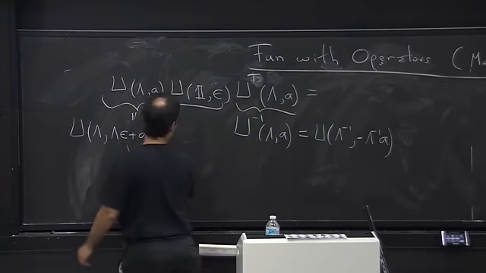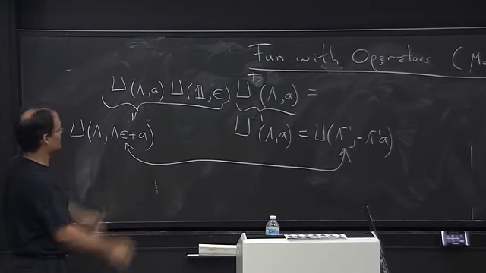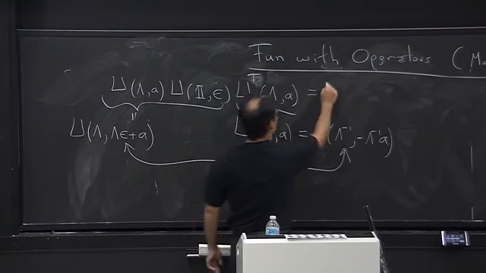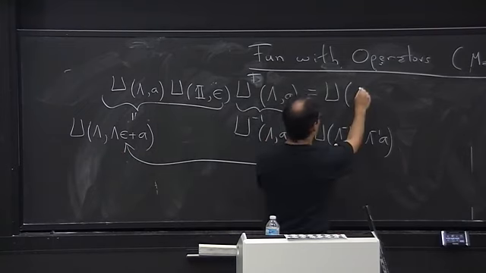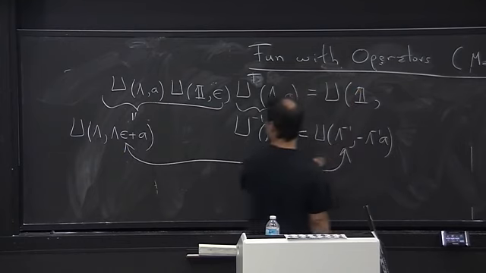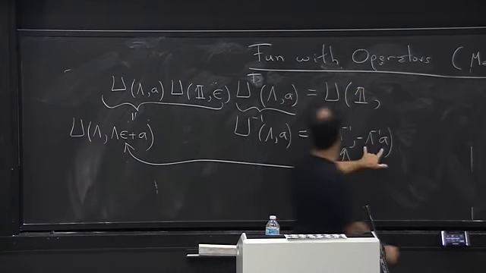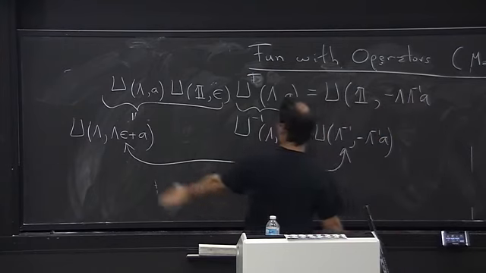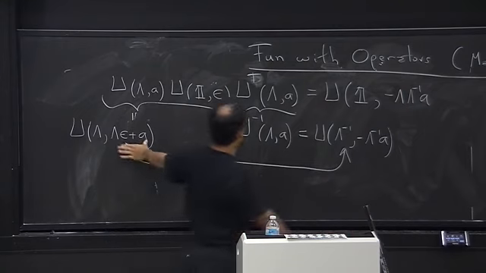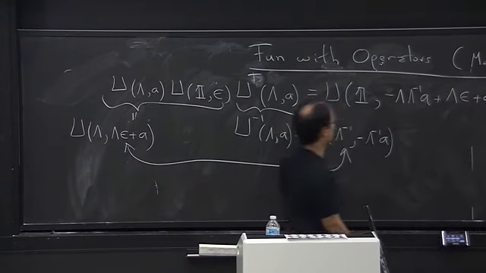Okay, now it's the turn of this guy and this guy to go together and give us something. So when we compose, we get this guy composed with this guy, give us the identity back. Okay? Now this guy is supposed to act on this guy, and we're supposed to add this to that. Okay?